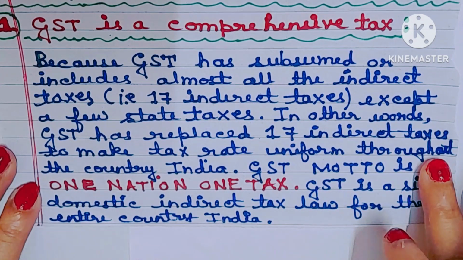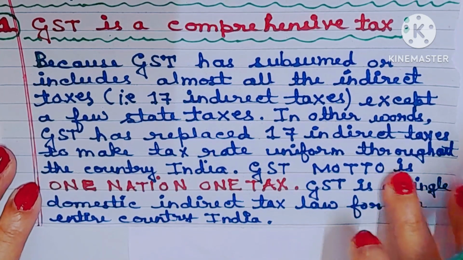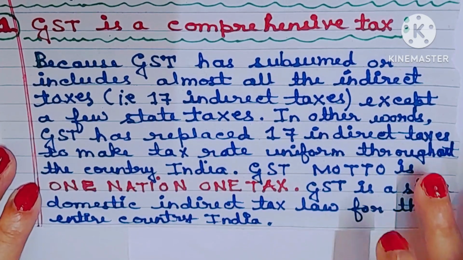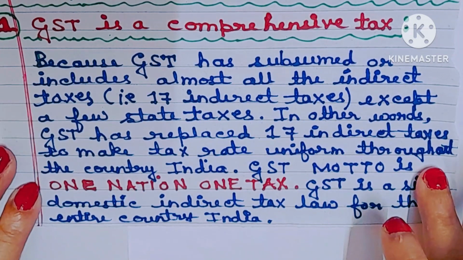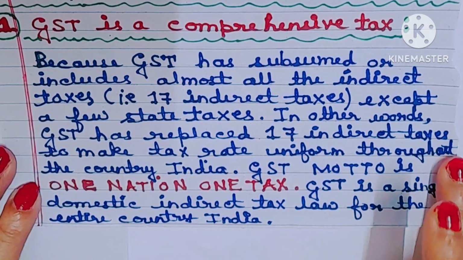So GST has replaced 17 indirect taxes, not direct taxes. Please note, GST has replaced 17 indirect taxes to make tax rate uniform throughout the country, India.